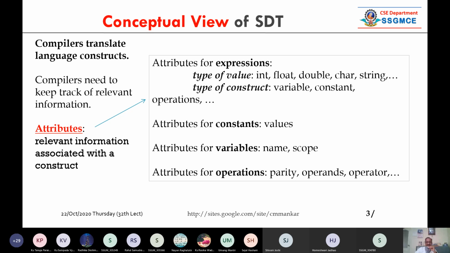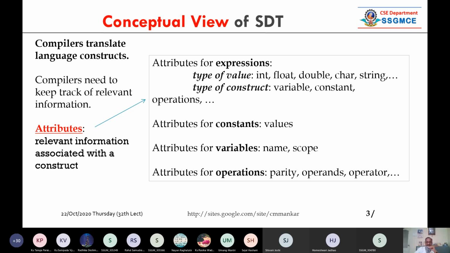This information is stored in the symbol table. Next time I will show you one slide. If you go through the beginning slides, the first 2-3 lectures, you will get the information about the symbol table and what it is used for.